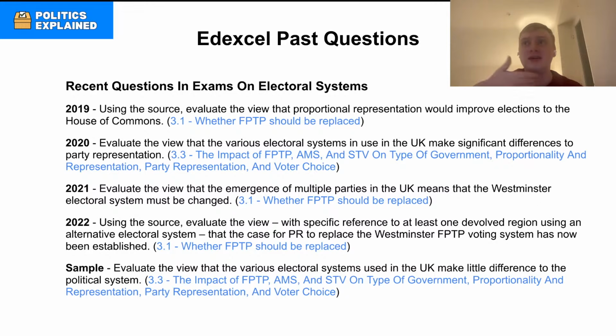So that's where the specification is telling you to have a look at AMS or STV, and it's asking you to see, is the case of proportional representation to replace first past the post now established? So that's that core debate whether first past the post should be replaced and scrapped. And we've seen a similar question in 2021 as well that combines it a little bit with parties. We're going to look at that next week as well.